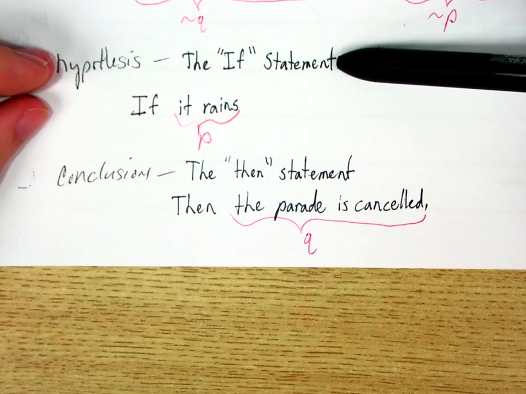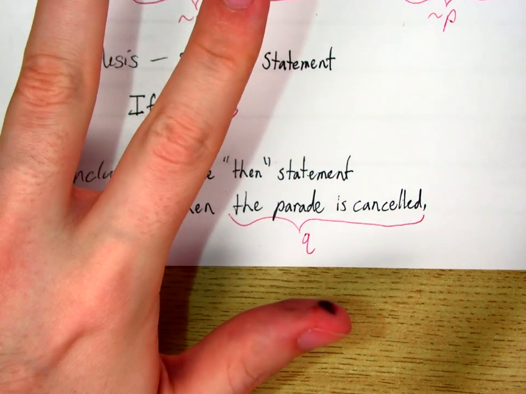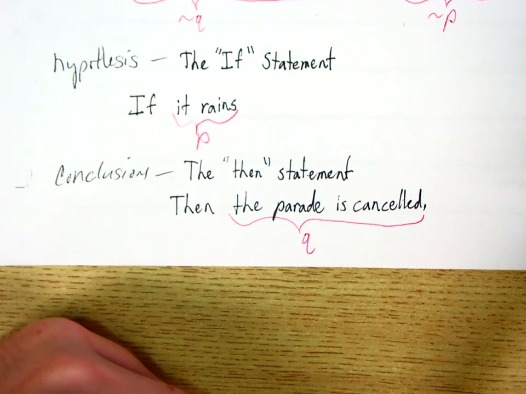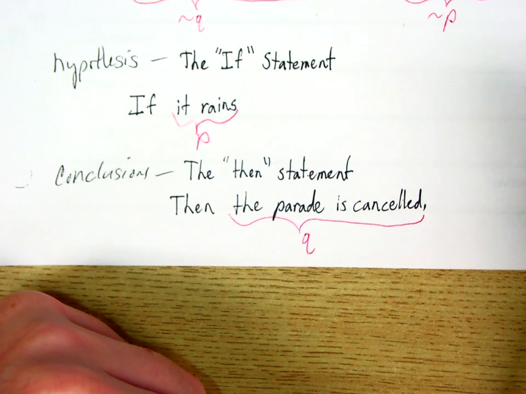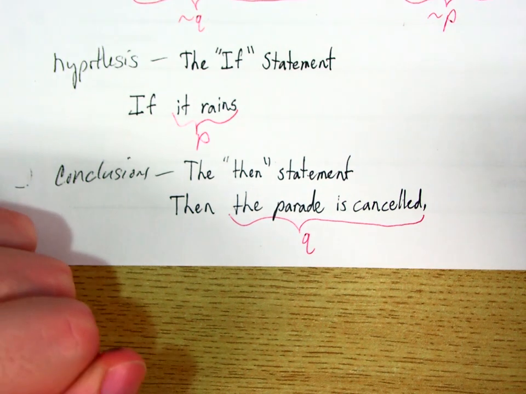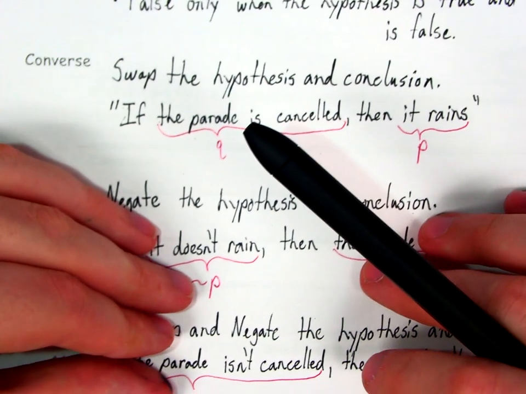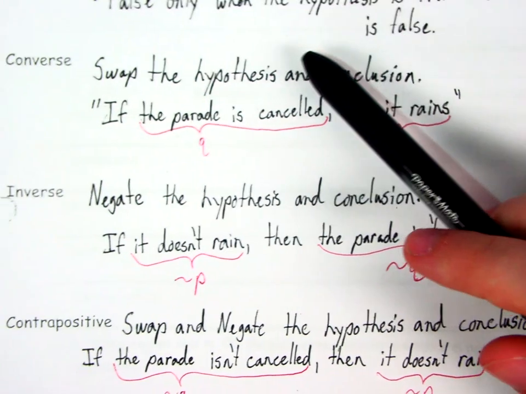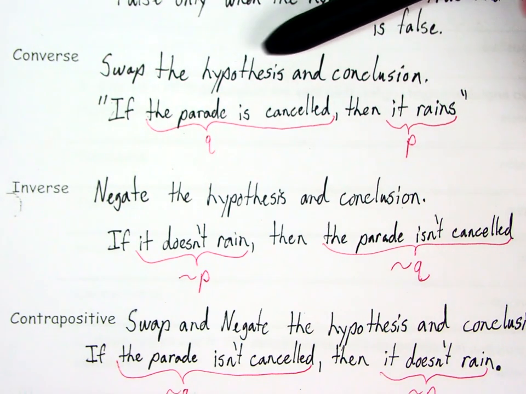Keeping this hypothesis and conclusion in mind, we've got three other statements we can write: our converse, our inverse, and our contrapositive. We're going to start with our converse. You guys read that our converse is just the swap of the hypothesis and conclusion.